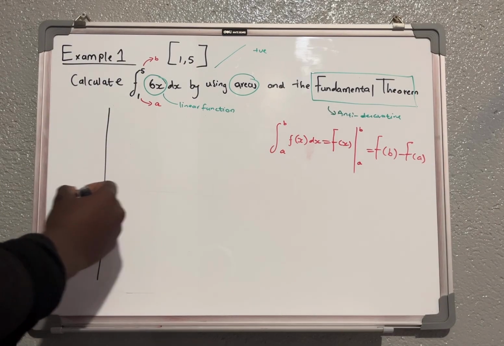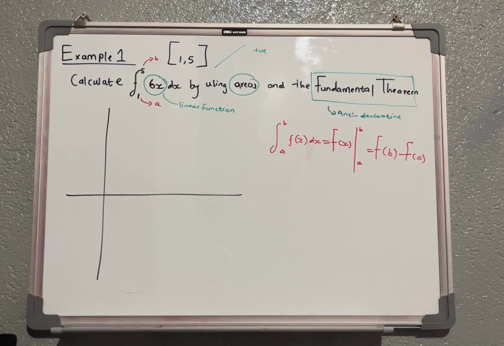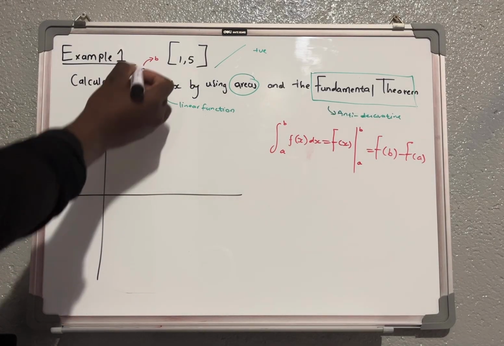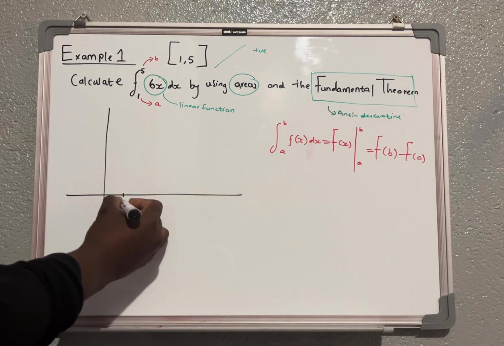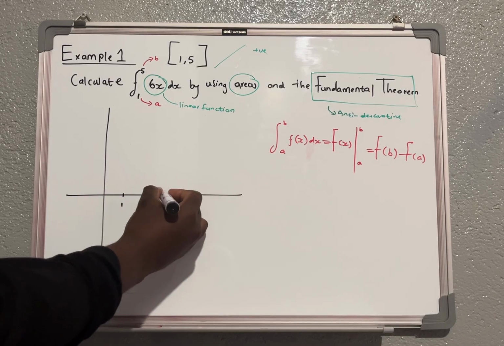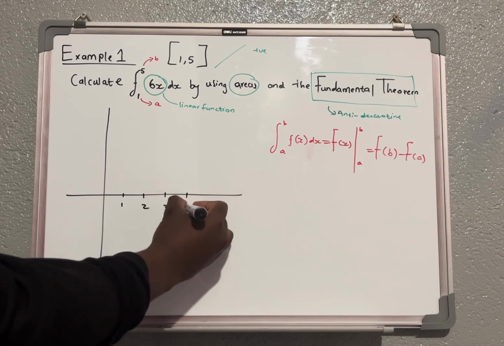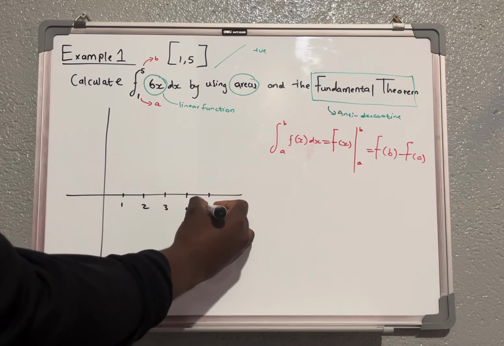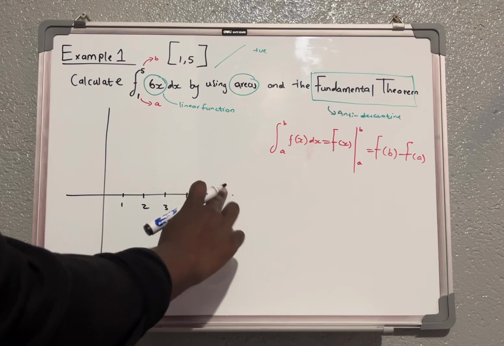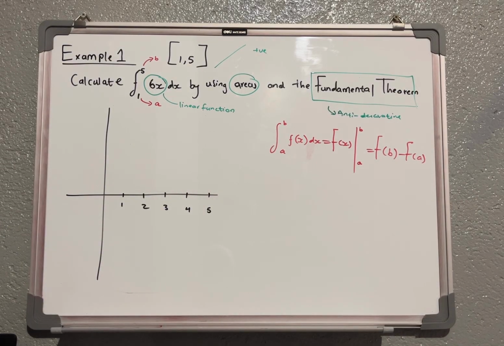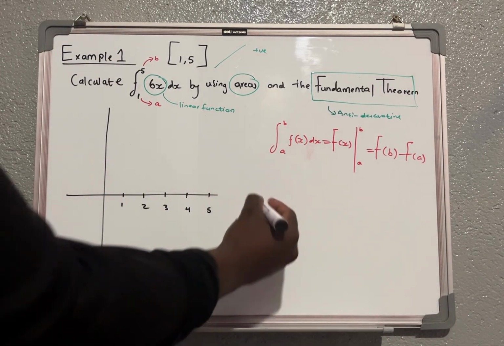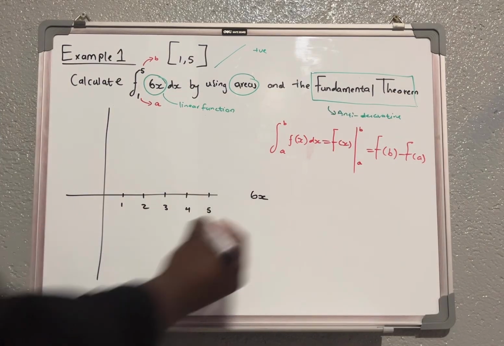So we come to a Cartesian plane and say, okay, we have the region between 1 and 5. We have that 1, 2, 3, 4, then 5 here. Now we have to check. Remember, we are given a function that is 6x.